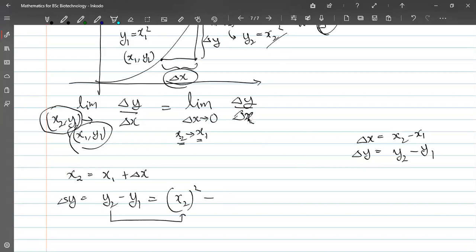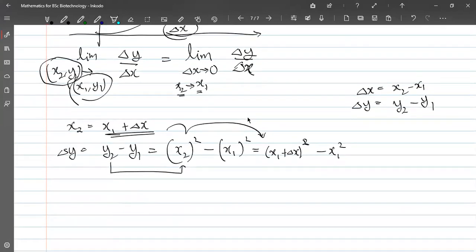Minus y1, similarly, is x1 square, right? And x2 from here is x1 plus delta x, the whole square. x2 is x1 plus delta x, so we are squaring that. And then we're subtracting x1 square.